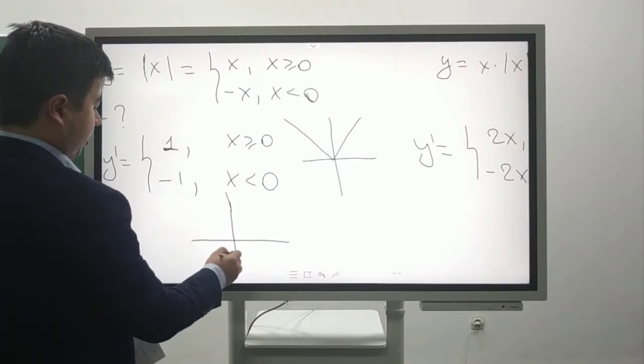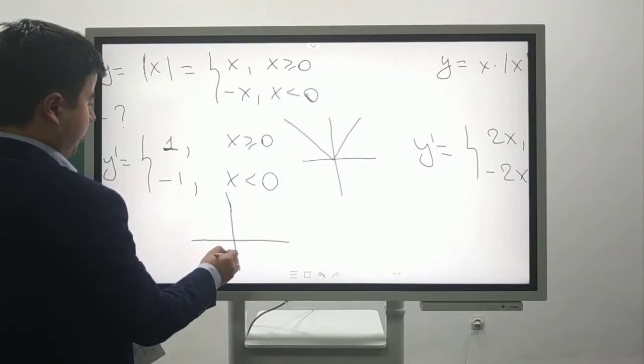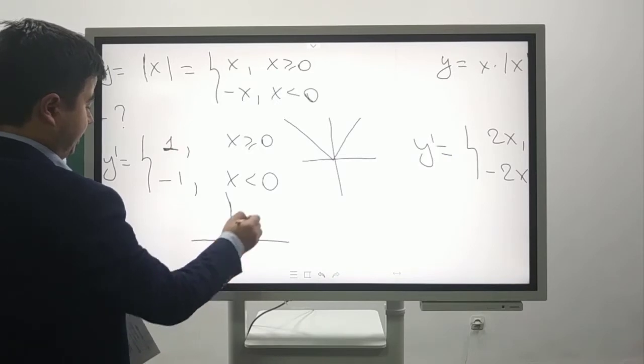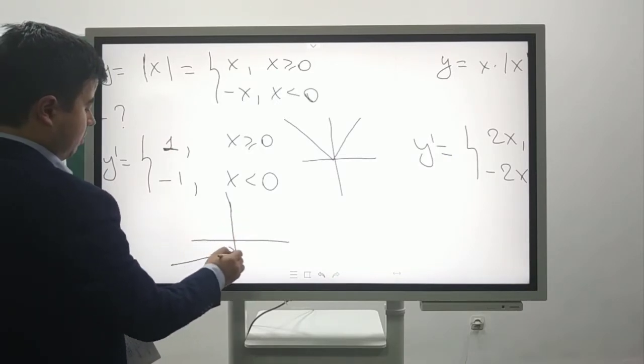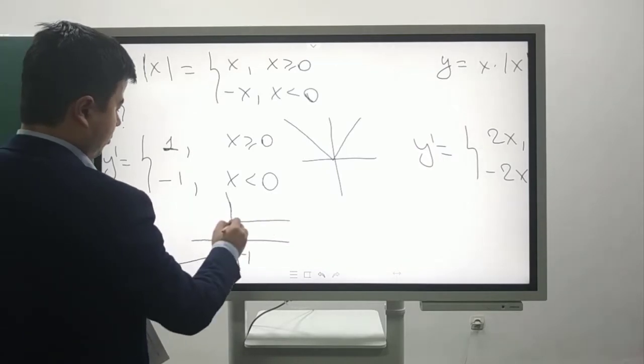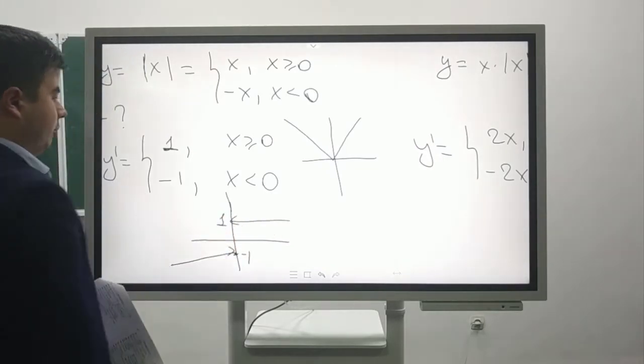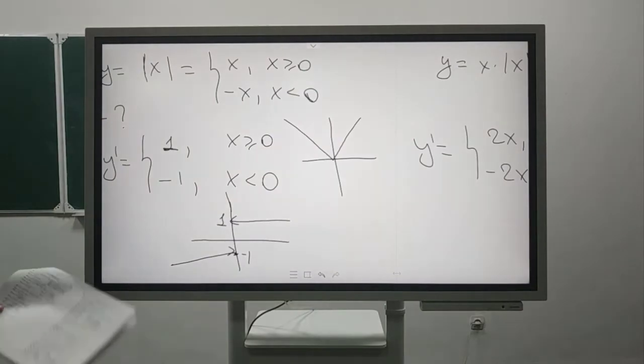So here we have minus 1 when x is less than 0, and 1 when x is greater than or equal to 0.